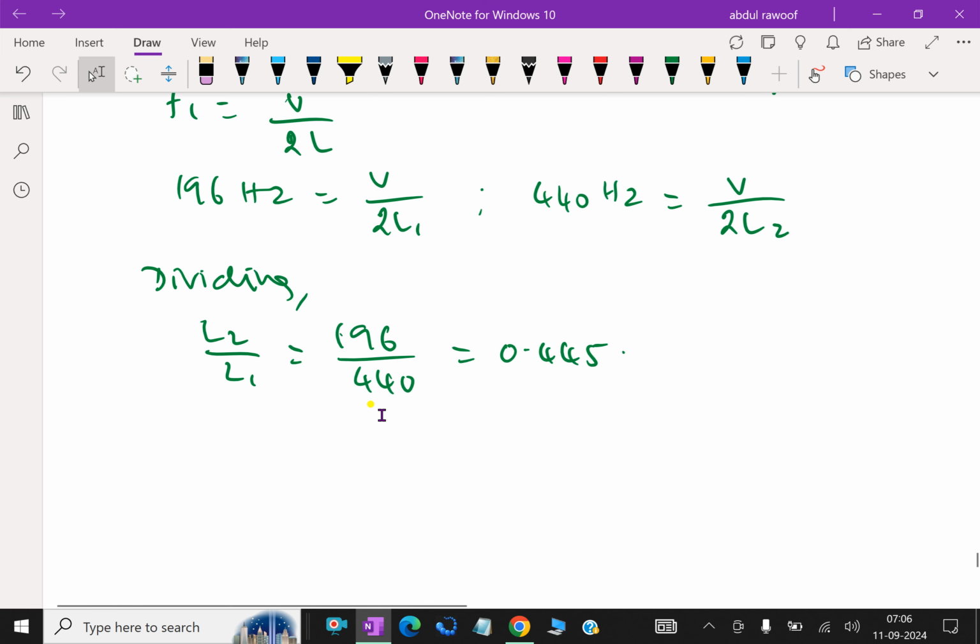That means we obtain the desired resonance. The finger must shorten the string to 0.445 of its original length.